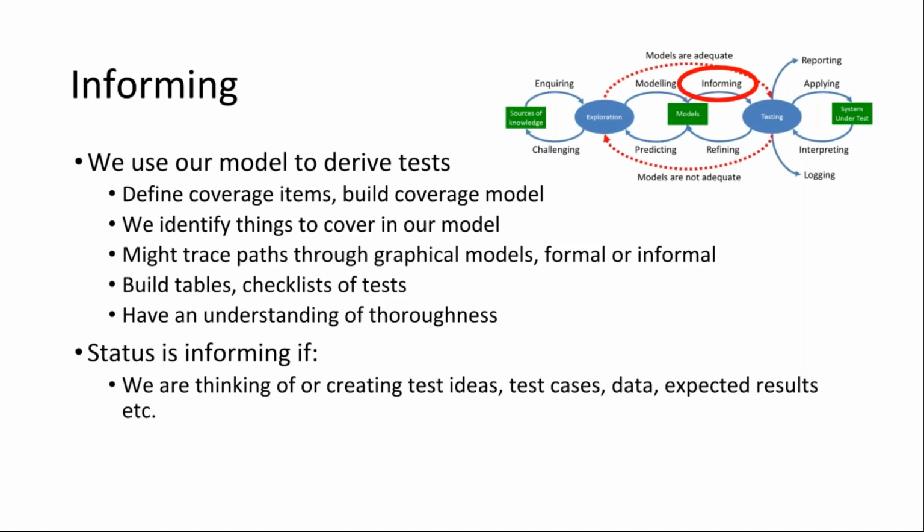Now, these tests might be scripted with a tool. They might be scripted in text. They might be simply written on a few neurons in our heads. I don't care how we capture that information. The important thing is we're using our understanding to derive meaningful tests. That's what informing is about.